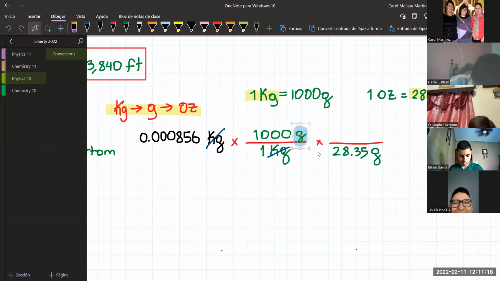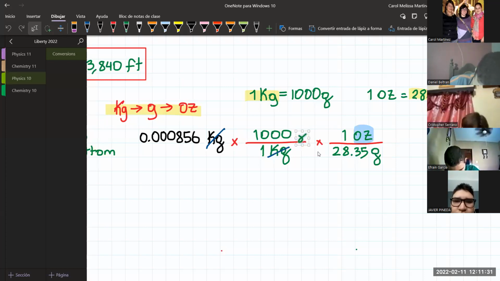And above what I have is 1 ounce. So this unit is the one that I need. And this allows me to get rid of grams with grams, leaving me the ounces alone.